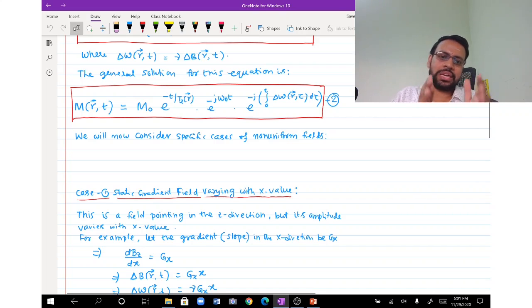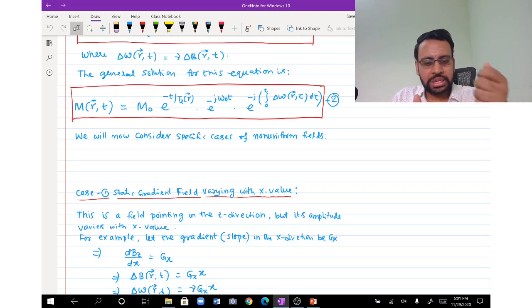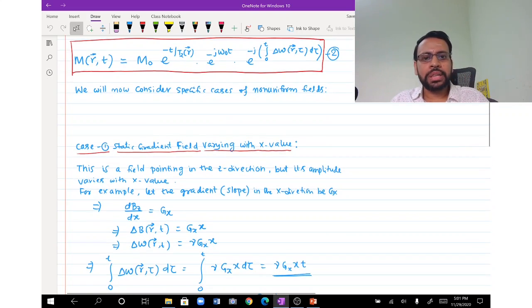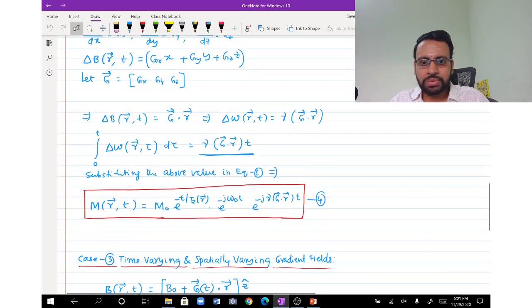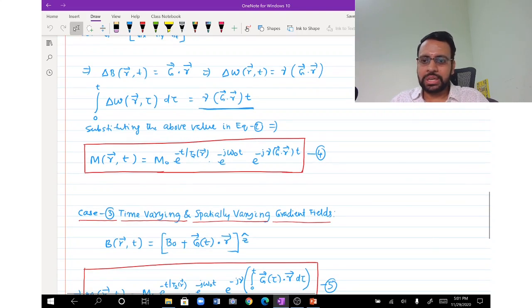As you could see here, the function inside this integral is independent of time, so it will simply be multiplied with time once you integrate. So that's what you are getting here, gamma times g bar dot r bar into t. So that's the equation now, M naught into e power minus j, the rest is the same as the earlier one.